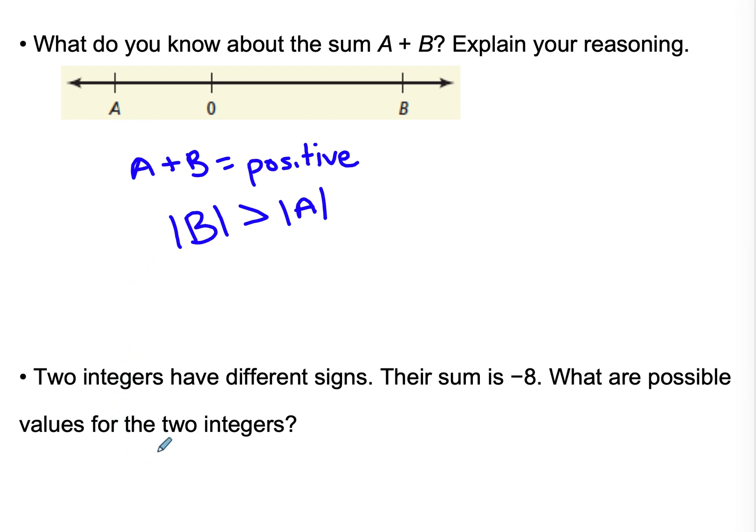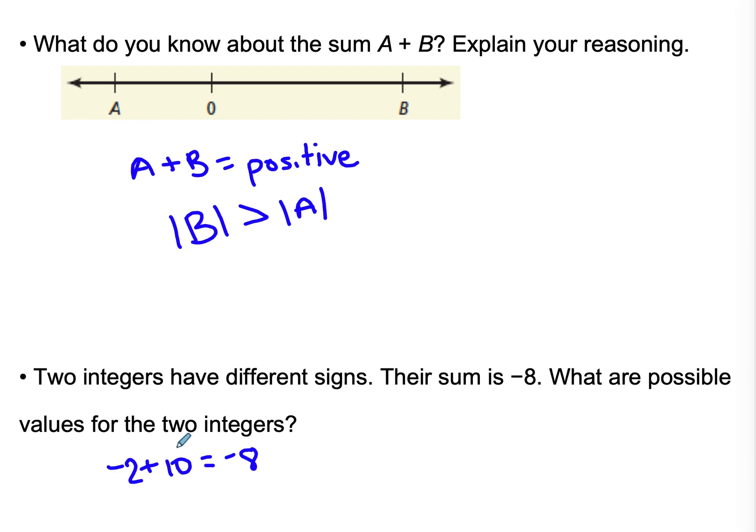And then our last one here, two integers have different signs. Their sum is -8. What are possible values for the two integers? So I need two numbers that add to -8. So let's see. If I had a -2 and it says different sign, so I need a positive one. -2 plus +10. 10 minus 2 is 8.